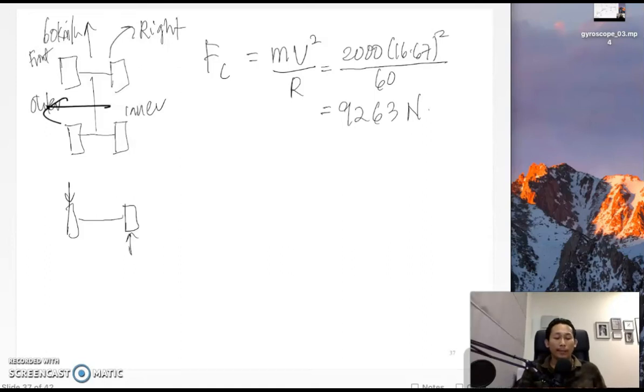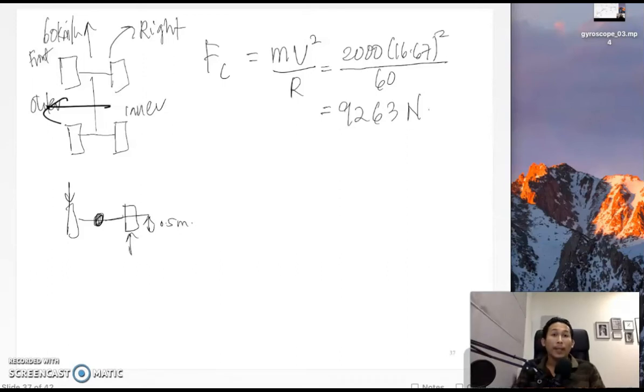So this is the centrifugal force that acts on the center of gravity. So we have our center of gravity 500 mm, which is 0.5 meter.